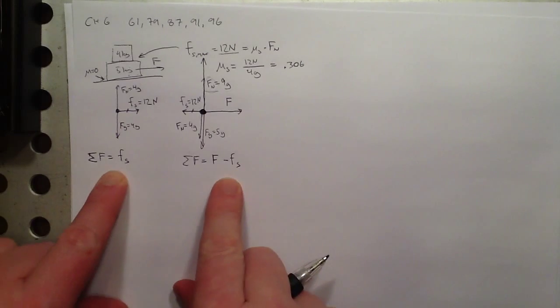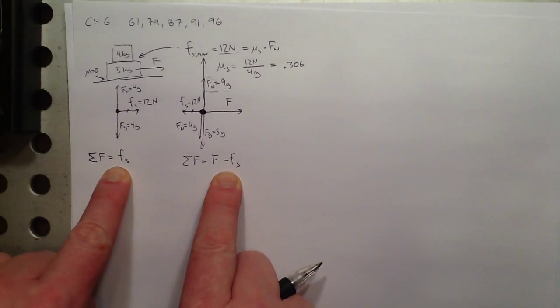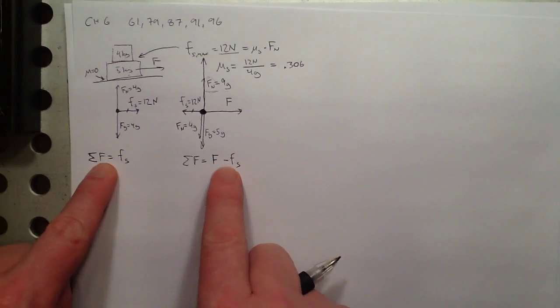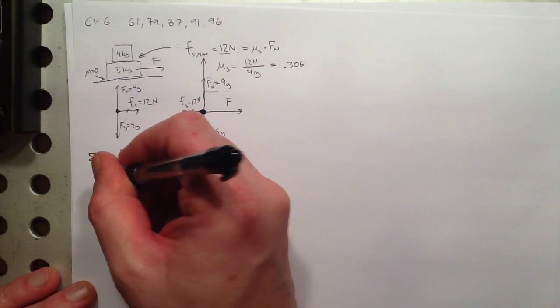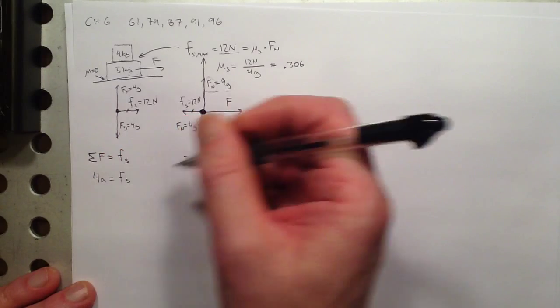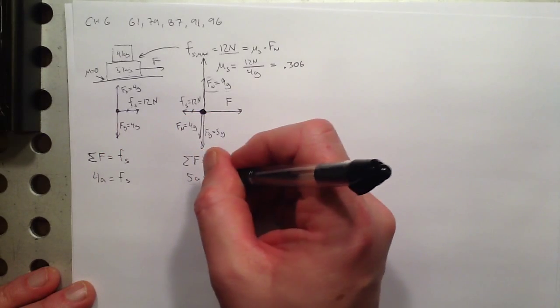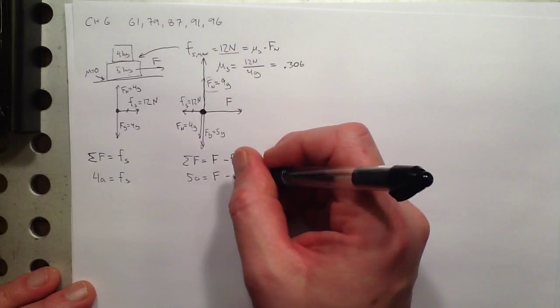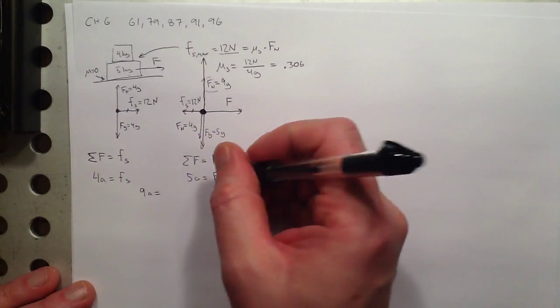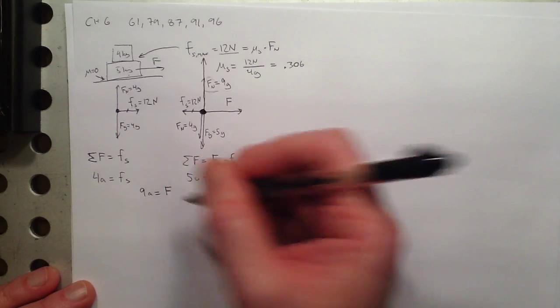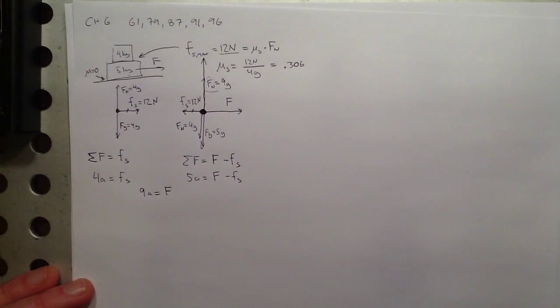And just like a tension, those interaction forces cancel each other out in those two equations if we add them together. That's what we're going to do. So this is 4A, this is 5A. Add those together, and 9A is equal to F, right?